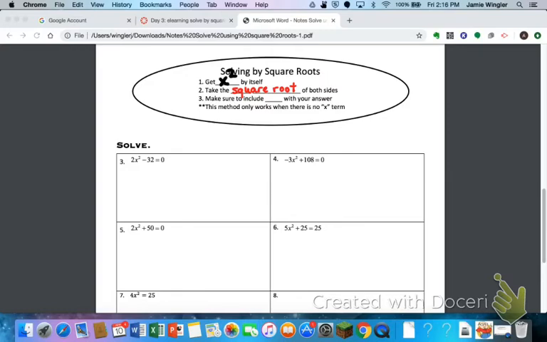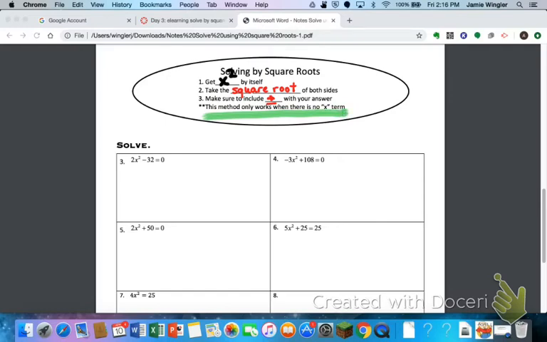When you take the square root of both sides, you have to make sure you include a plus and a minus with your answer. So again, you're going to get two answers. One's going to be positive and one's going to be negative. And most importantly, this method only works when there is no x term.